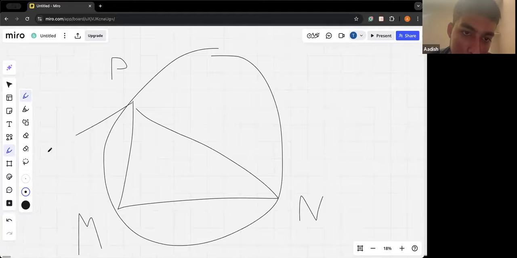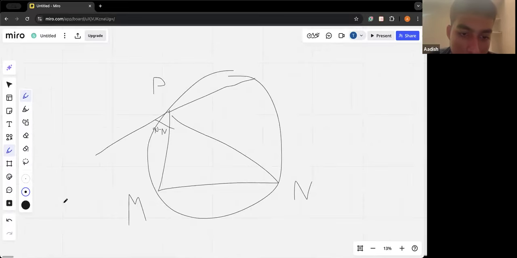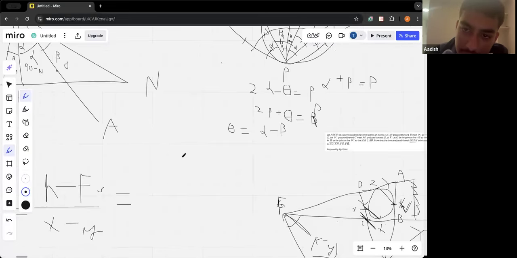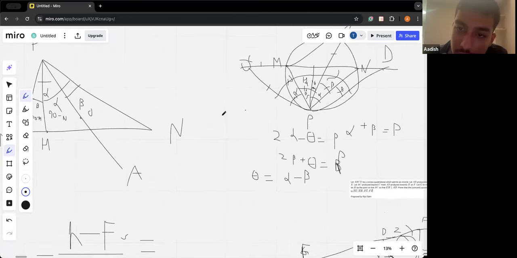So this angle is 90 minus n, and this is C. This is what we want. Everything looks correct.